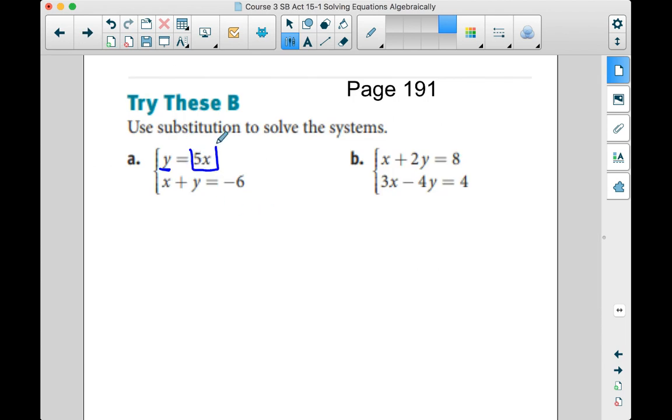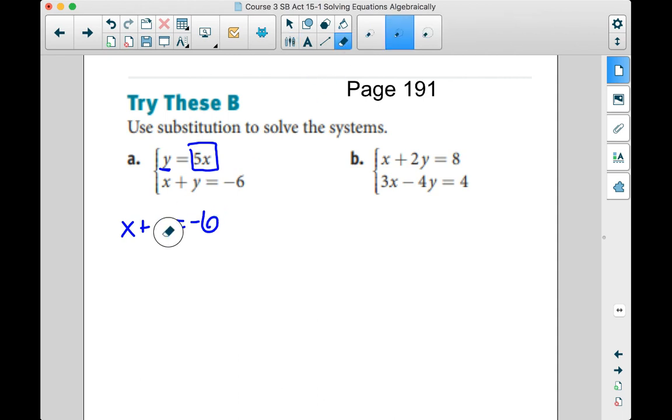My second step is to substitute this in. So I have this expression for y, and I'm going to take my equation x plus y equals negative 6, and I'm going to take out the y but substitute in the value that it gave me for y.